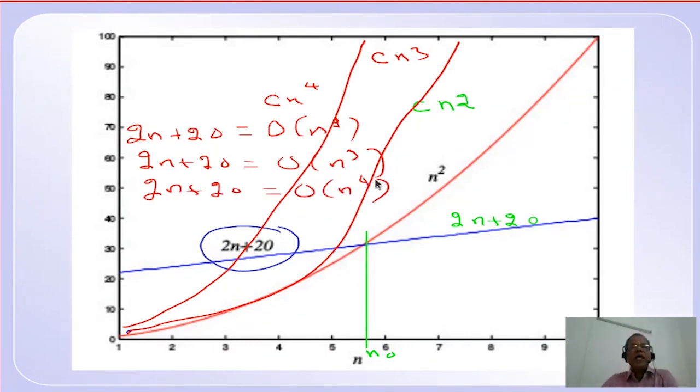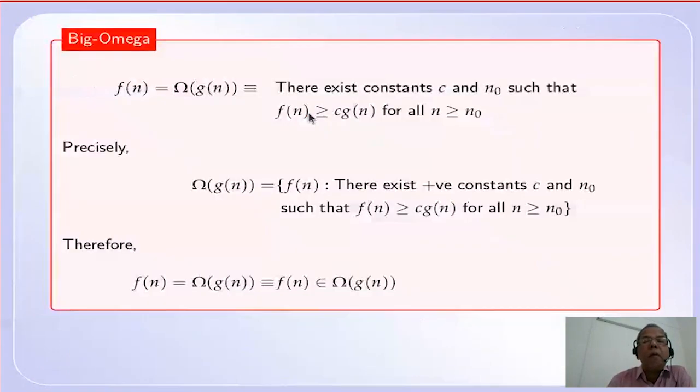So, an algorithm's running time being big O of a function doesn't say it is the tightest upper bound. There is no such guarantee. So, what we are more interested in would be big theta of something. Big theta will be a tight bound. Big O and big omega are not tight upper bound or tight lower bound. Very important.